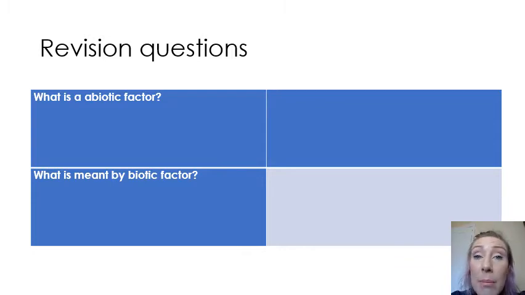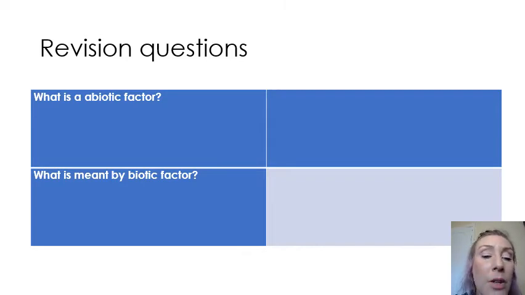So in terms of examples, you might have the pH of the soil, the dissolved oxygen concentration of a pond water source, the water availability in soil, the light intensity or duration of light in whatever scenario, in a forest or something. So you've got lots of different things you can write about that are physical factors.